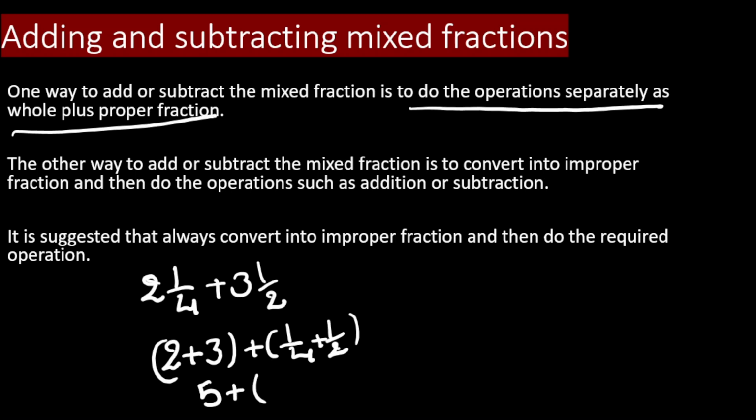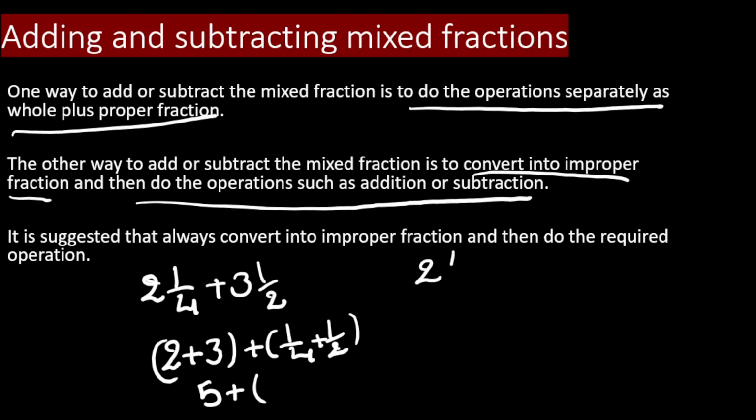And the other way is to convert into improper fractions and then do the operations such as addition and subtraction. Suppose you have 2 1 by 4 plus 3 1 by 2, in the beginning itself we need to convert into improper fractions and then do the operations.